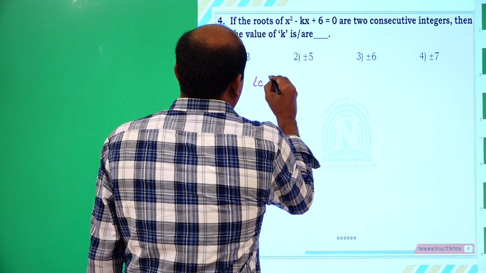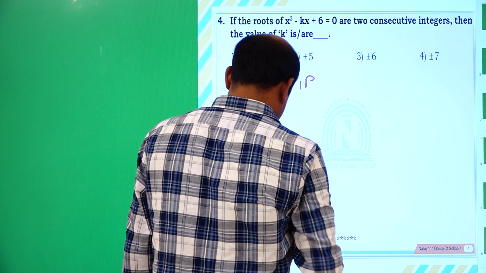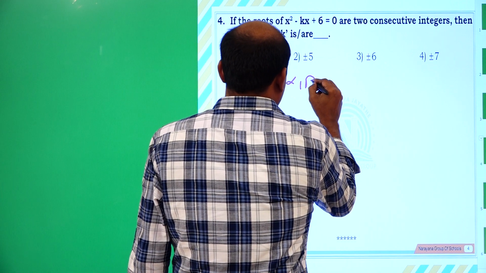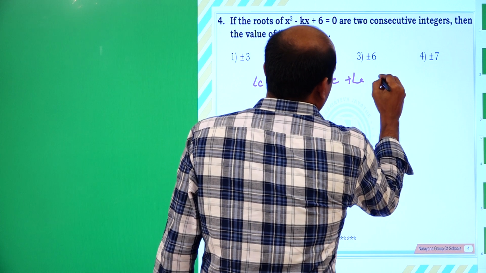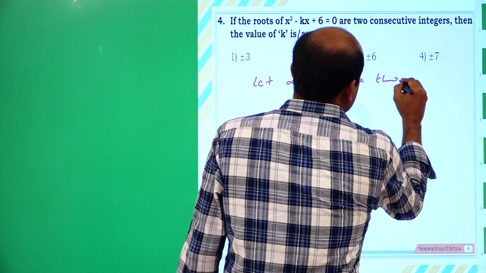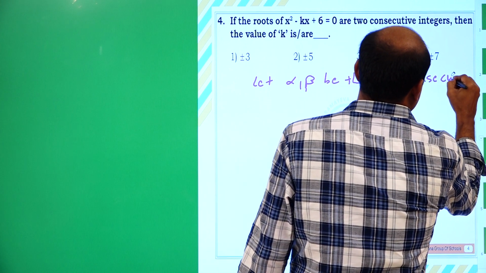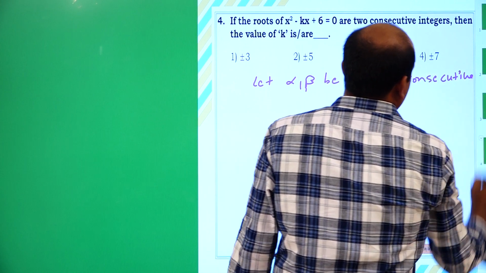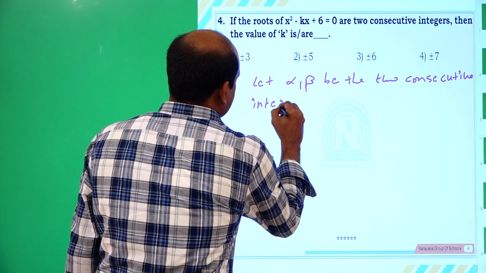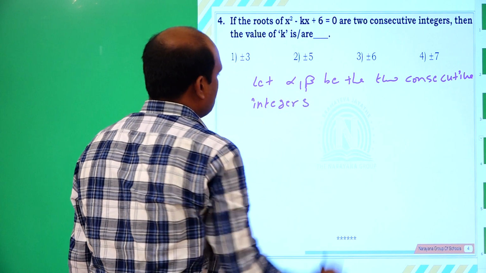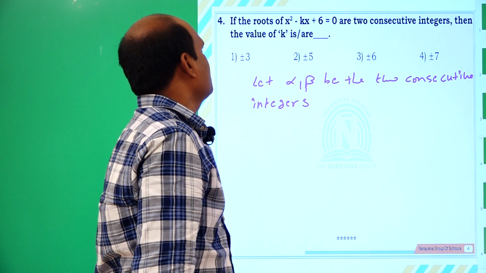Let alpha comma beta be the two consecutive integers.